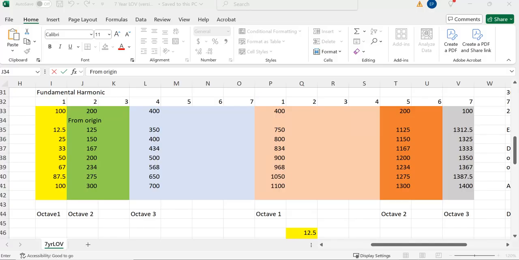So what we want to look at inside these octaves, we're going to just look at the diatonic pressure points on a time scale.